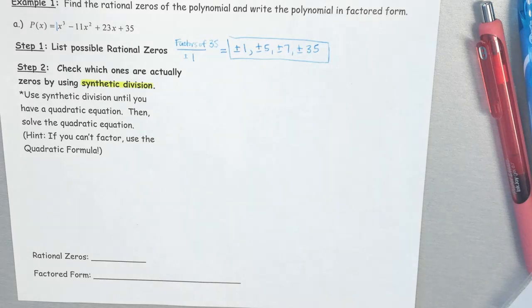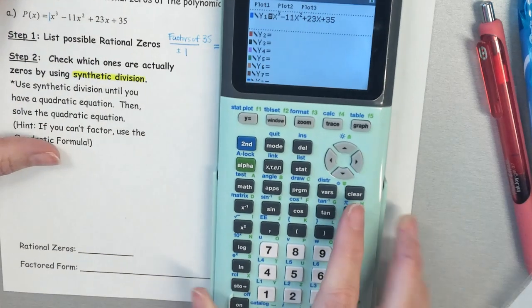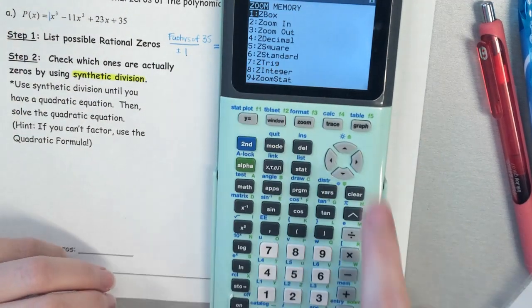We're going to plug in your polynomial. So we go to y equals, and then you have x, plus 35. And if you adjusted your window, remember, you can always go back by going to Zoom Standard.